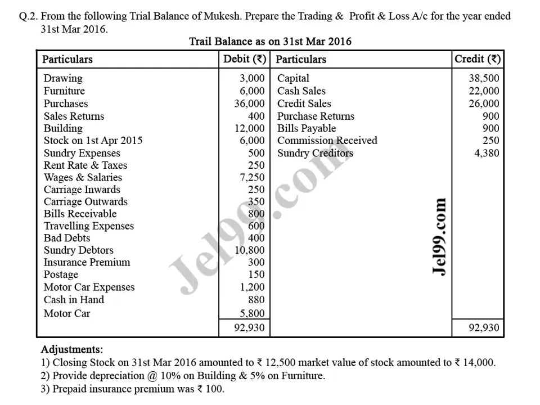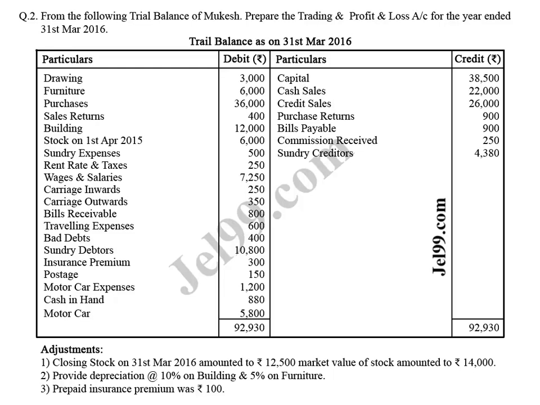Motor car expenses of rupees 1,200. This is shown on profit and loss account. Cash in hand of rupees 880. This is shown on assets side. Motor car of rupees 5,800. This is shown on assets side.